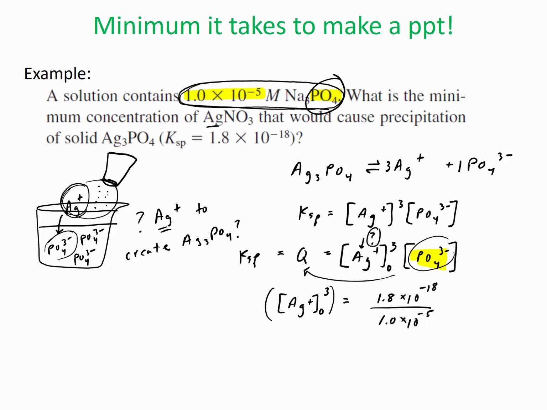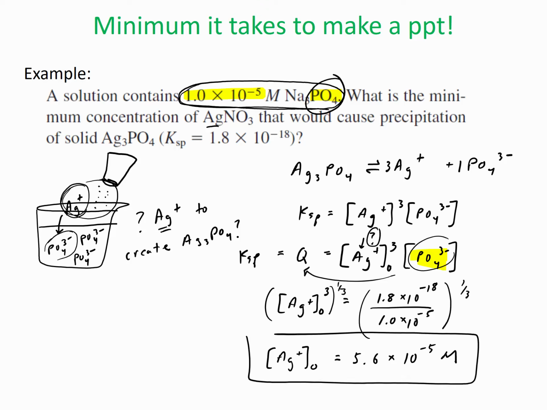Now take both sides to the 1/3 power, and then I get the minimum concentration of Ag required to make a precipitate. In my answer I get 5.6 times 10 to the negative 5th molar.